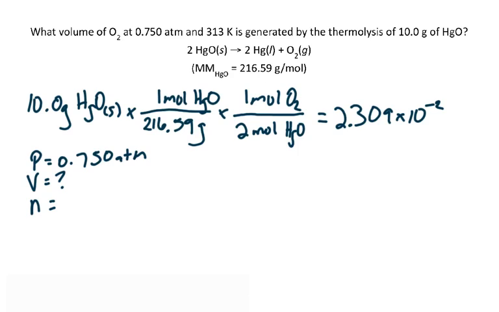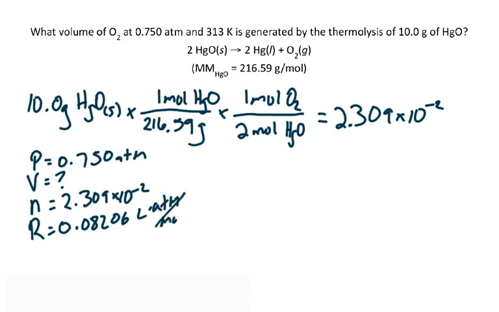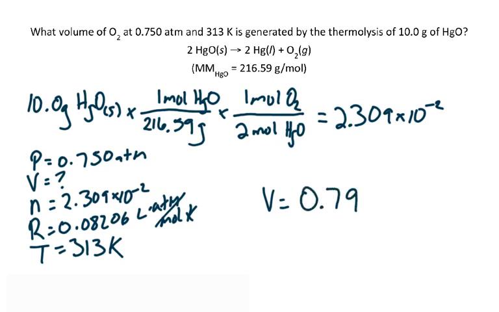My moles, I now know, is 2.309 times 10 to the minus 2. R, as always, is 0.08206. And then my temperature is 313 Kelvin. So I can solve for my volume. And I get a volume of 0.791 liters.